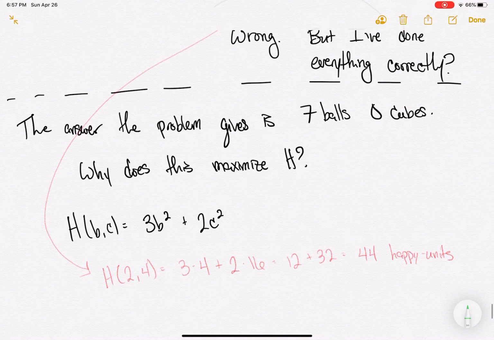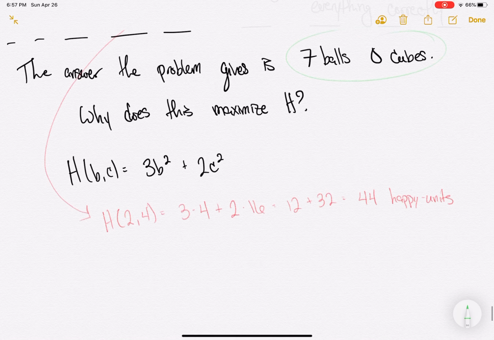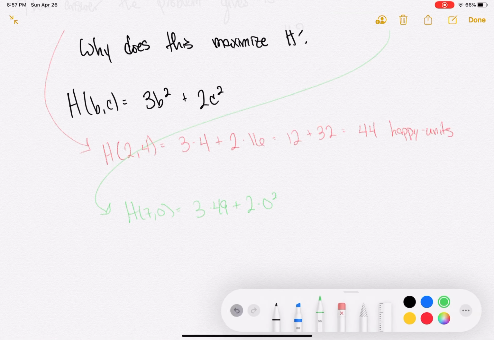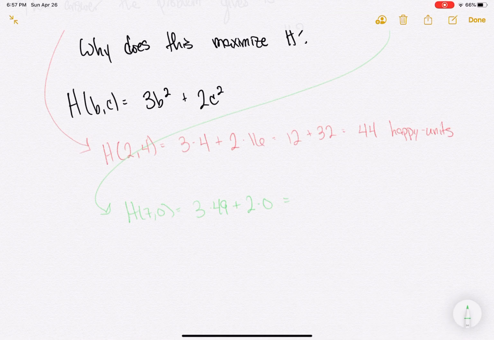Let's try this other one. 7 balls and 0 cubes. H of 7 and 0 gives me 3 times 49 plus 2 times 0. 3 times 49 is 147.